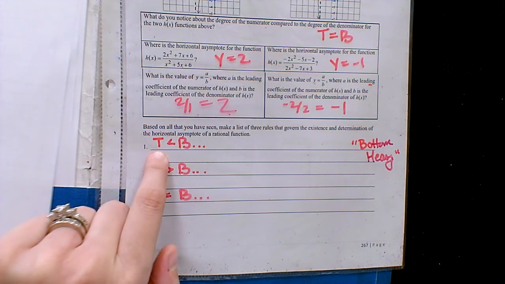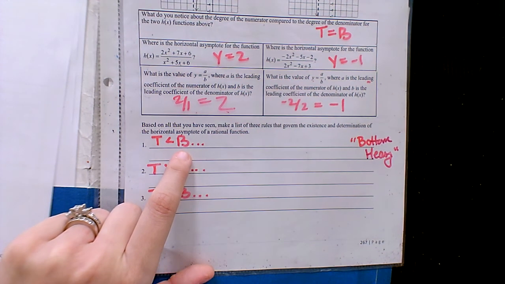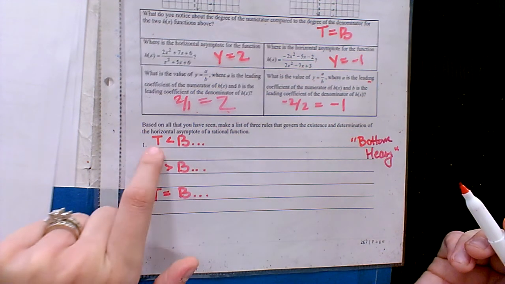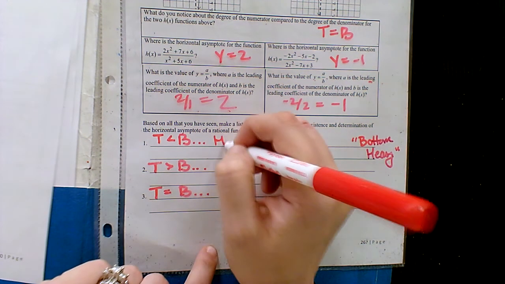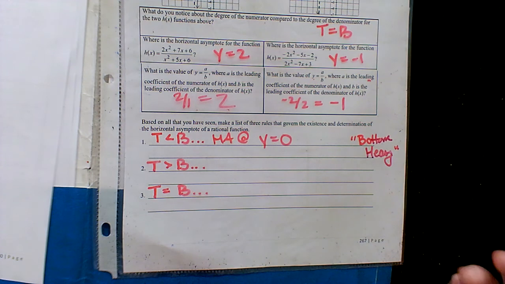If you have something small divided by something large, you're on the x-axis. You're close to 0, right? Like 1 divided by 1,000,000. Something small divided by something large. So horizontal asymptote at y equals 0, the x-axis. This is always the case if the top degree is less than the bottom.